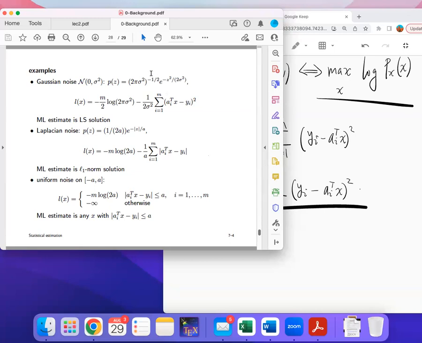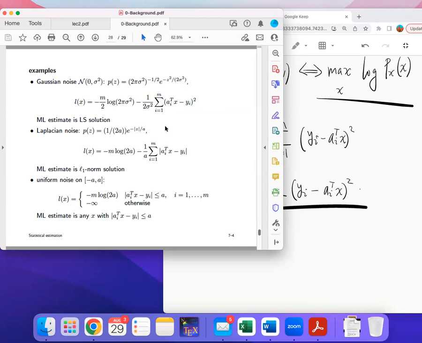If you compare their PDF, Gaussian has a faster decay because it's e to the power of negative z squared. But the Laplacian is e to the power of negative absolute value of z. I would say Gaussian has a lighter tail, so it decays faster than the Laplacian PDF.